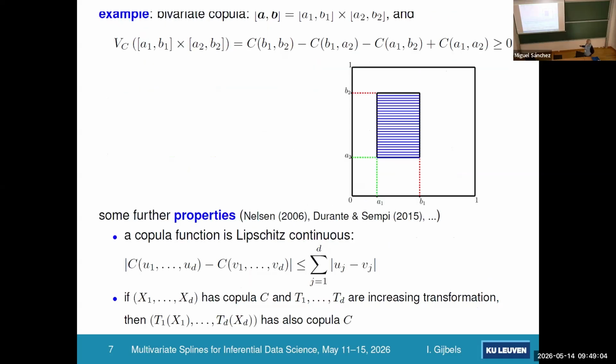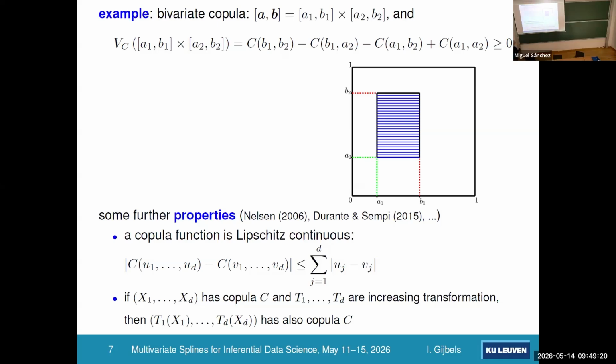There are other nice properties, and by the way, there are quite a lot of books on copulas. A copula function can be shown to be always Lipschitz continuous, so it's always continuous. That's important.